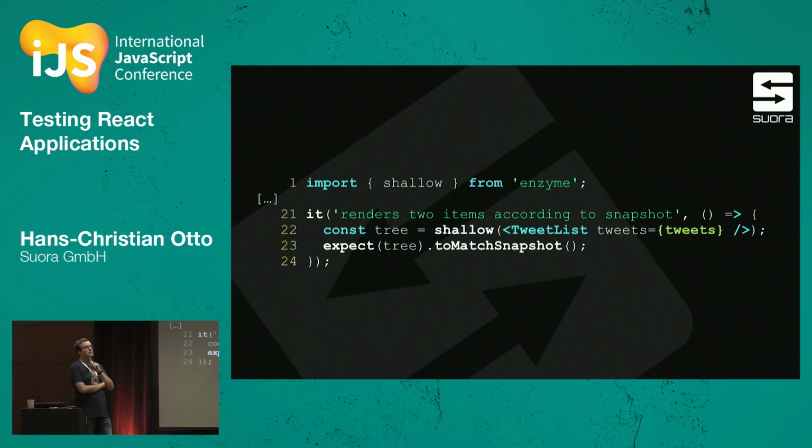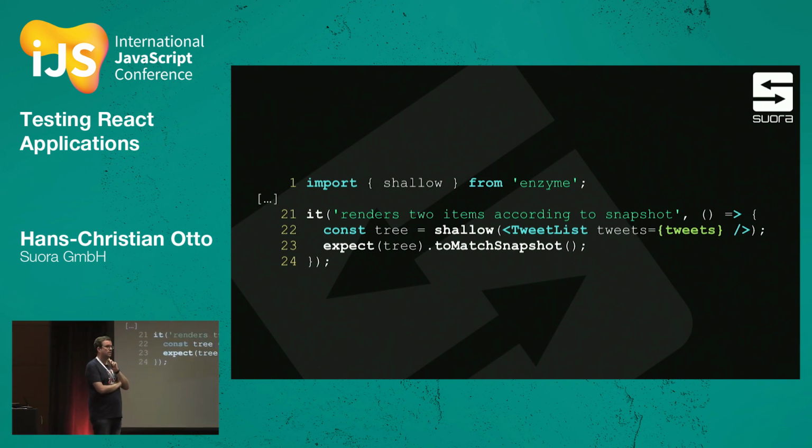For example, a tweet list will return you a specific content which will be rendered. You can compare this content, or render it and then match it against the snapshot or against the DOM element. I mean, if you render it, then you can use Selenium to test it. That is an important thing.